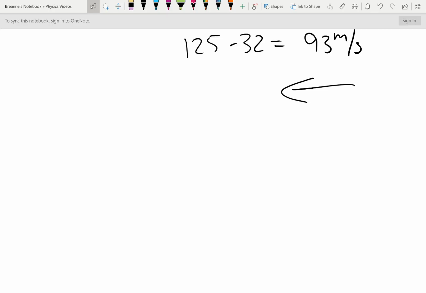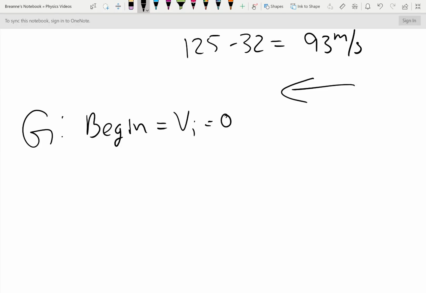Unfortunately, Lord Helmet was not able to reach the escape pod in time. Spaceball 1 begins to fall straight down. Begins, so that is a given. Because we're starting, right? So that means at the beginning, it wasn't moving. So your initial is 0 because it begins to fall straight down with an acceleration.